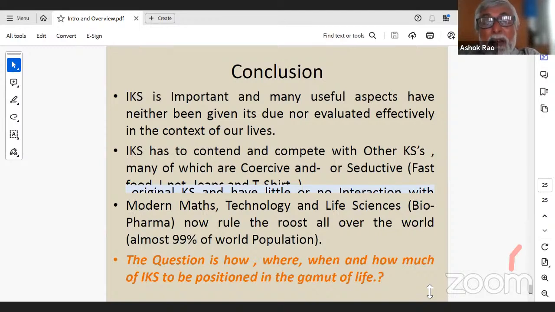Going back is not difficult. But can you manage everything for everybody with the Indian knowledge system? For example, I go occasionally to an Ayurvedic doctor. The doctor says very clearly, the Ayurvedic medicine we give today is not very effective because I don't get very pure ingredients.